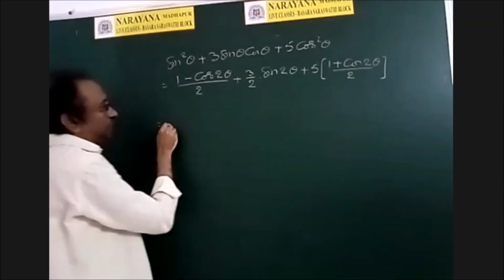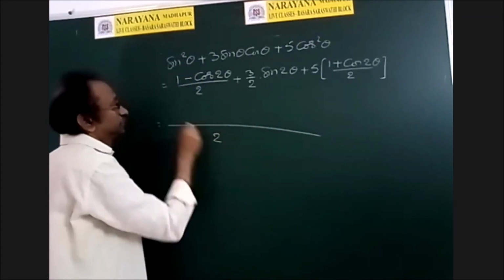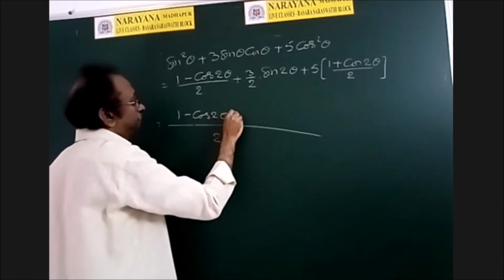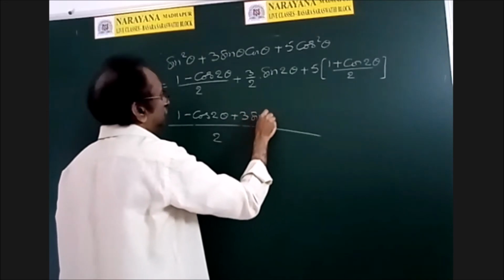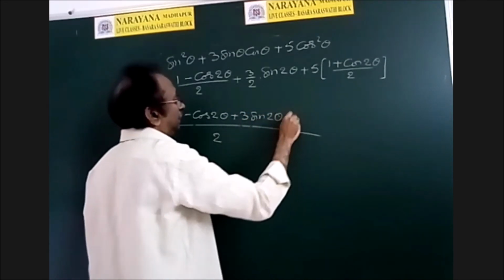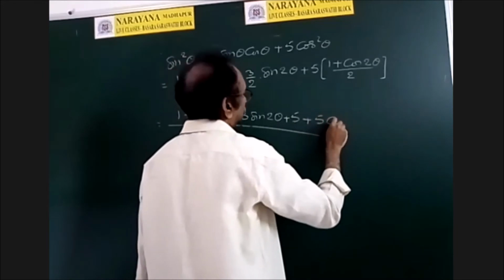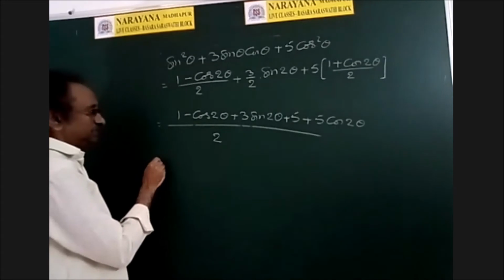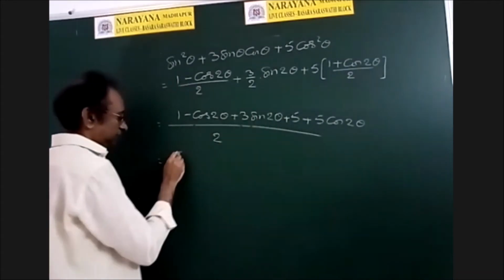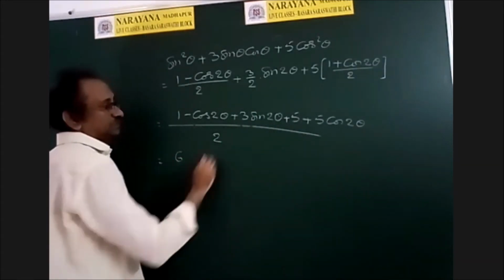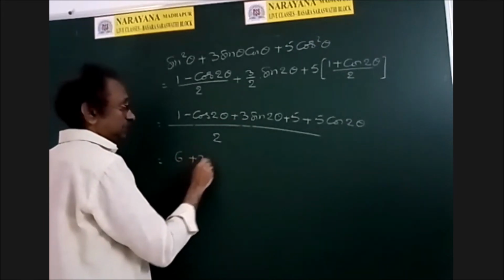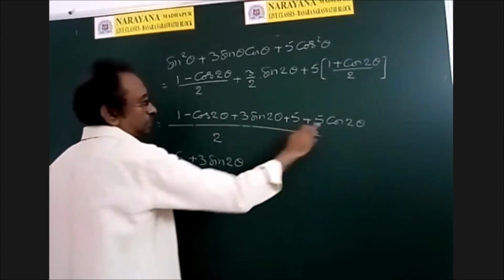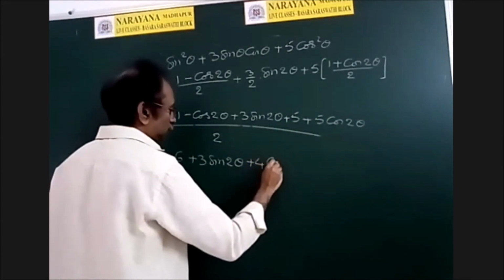And what is the LCM here? 2 is the LCM. So 1 minus cos 2 theta plus 3 sin 2 theta plus 5 plus 5 cos 2 theta. That is equal to 1 plus 5, 6, plus 3 sin 2 theta plus 4 cos 2 theta.